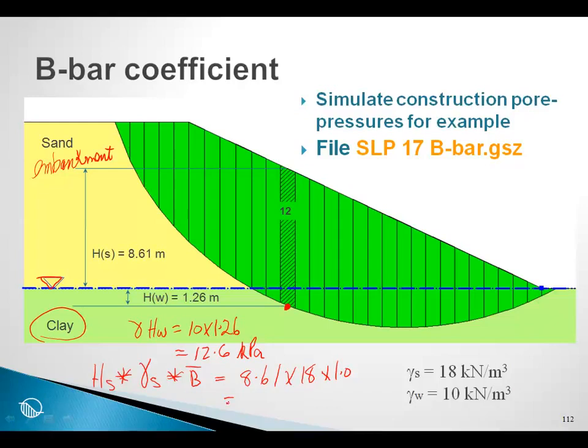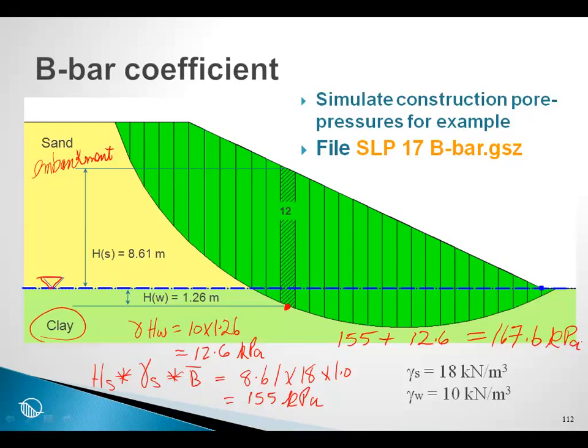This results in a pore pressure of approximately 155 kPa. So the pore pressure that will be used at the base of slice 12 in SLOPE/W will be 155 plus 12.6, which is equal to 167.6 kPa.